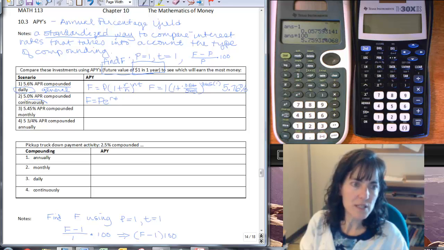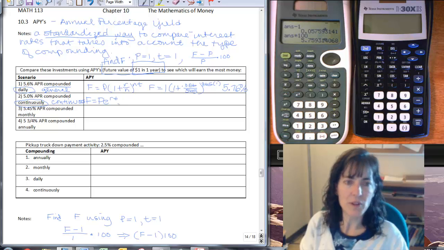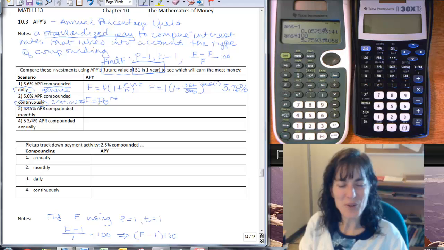Because it says continuously, that tells me I need the continuous formula, so the PERT formula. So F equals P times E to the RT.